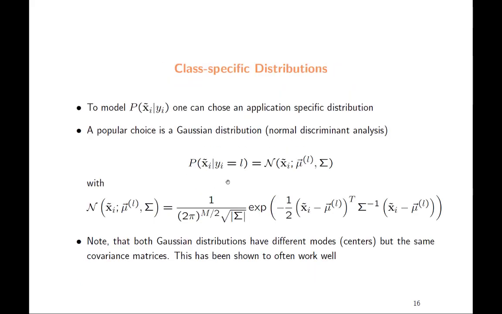So then we went to the example of the multivariate Gaussian, and it's written like this. So it's interesting evaluating it at x tilde, and it has a mean and a covariance, and the covariance is shared between the two classes, but they have different means. So this is a prefactor here, then there's exponent minus 1/2, and then you have the expression x minus the mu of that class, L is the class 1 or 0.